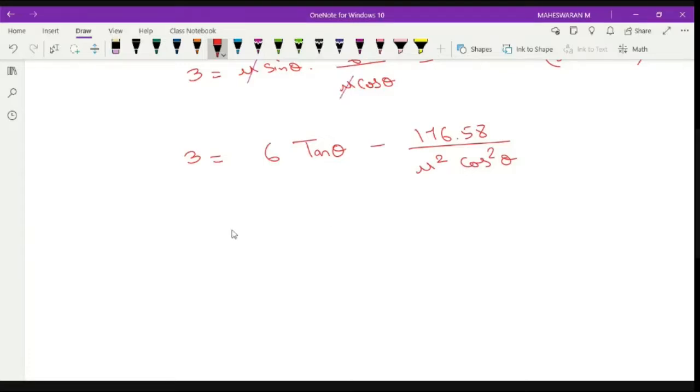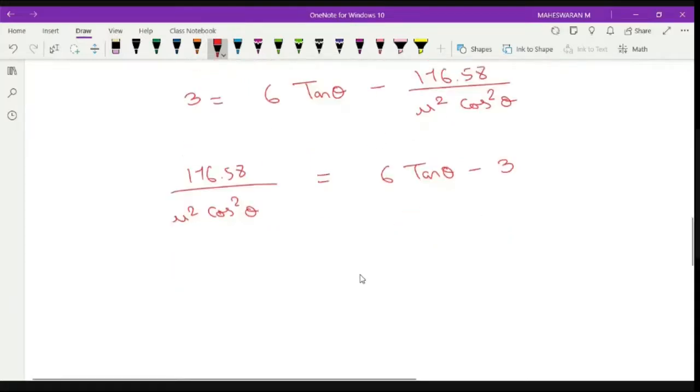So 176.58 divided by u square cos square theta is equal to 6 tan theta minus 3. So this is my value.